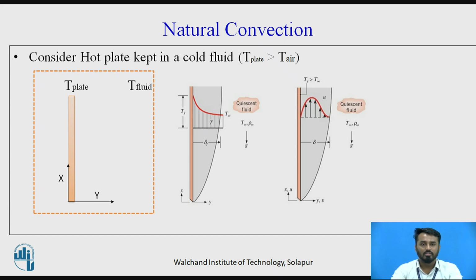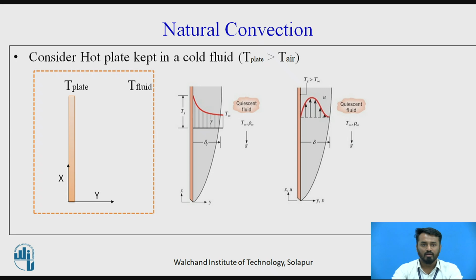This low pressure fluid will create a driving force, and all the particles will move in the upward direction. So the surrounding fluid particles which are at normal pressure will rush towards that plate because of the low pressure zone created near the plate. This is how the fluid motion is created in case of natural convection or free convection.